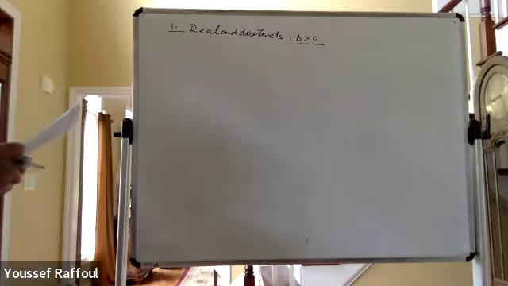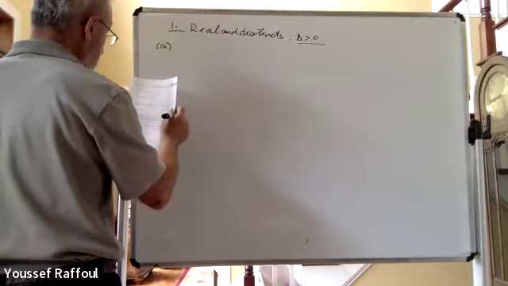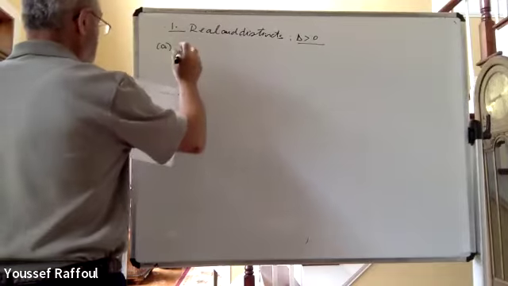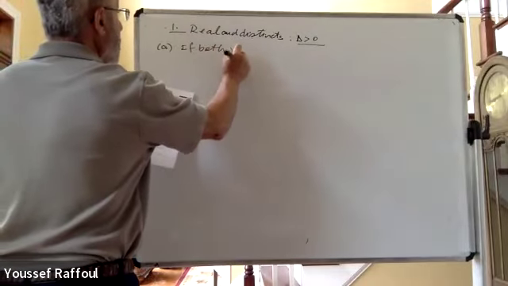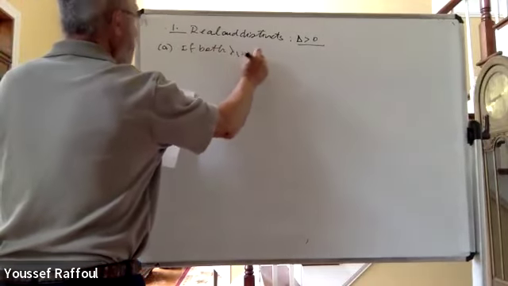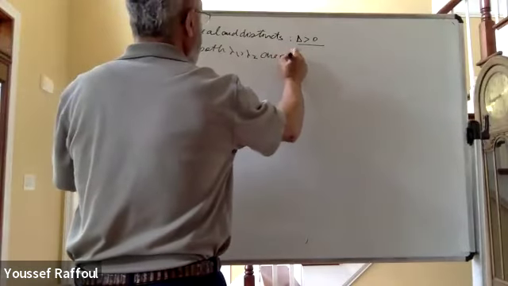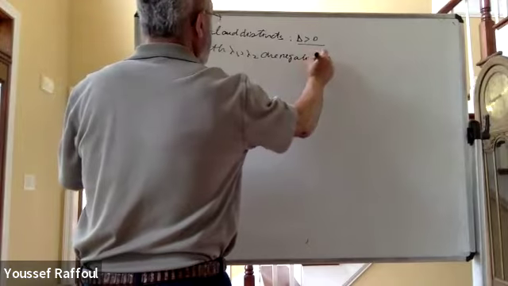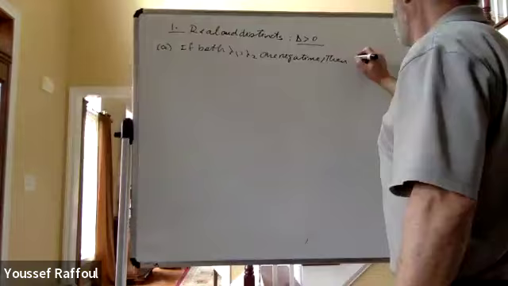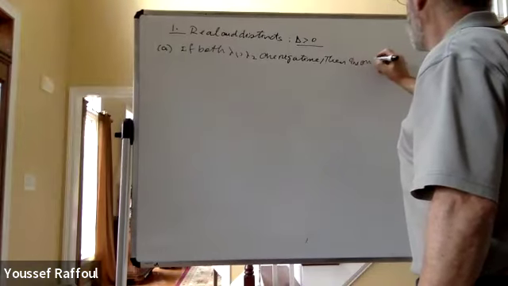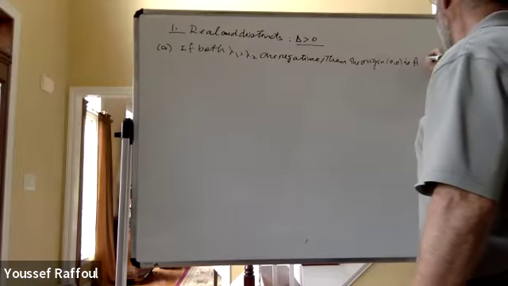All right. So if both lambda 1, lambda 2 are negative, then the origin (0, 0) is asymptotically stable.